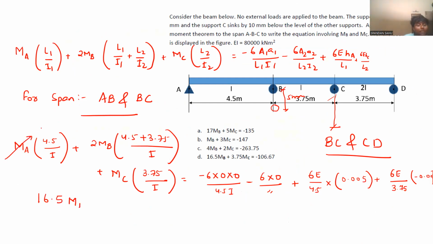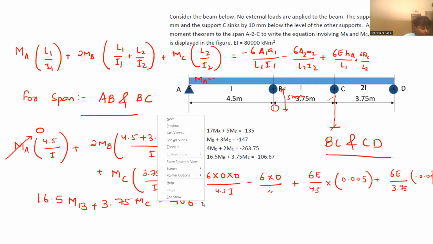Now you can tell MA is 0 because there is no moment. So MB plus 3.75 MC equal to minus 106. Then, there is a negative settlement of 10 mm and a positive settlement of plus 5 mm.